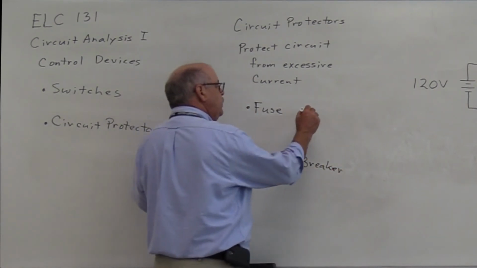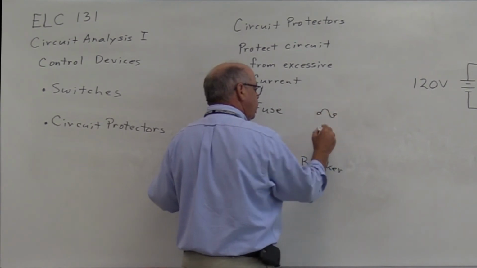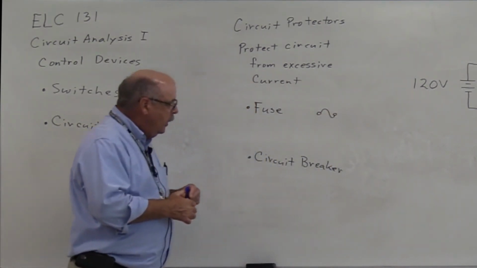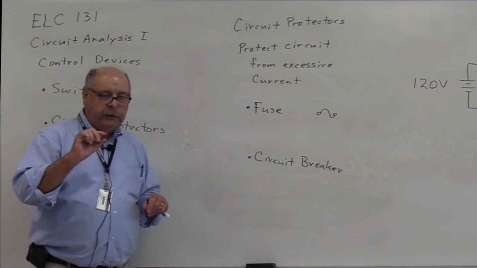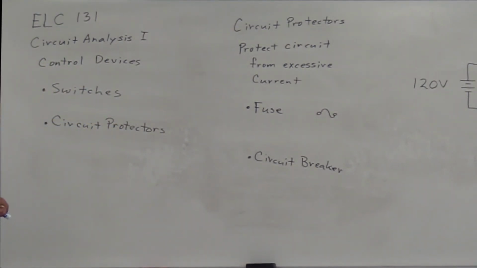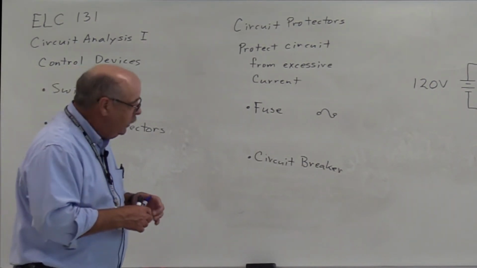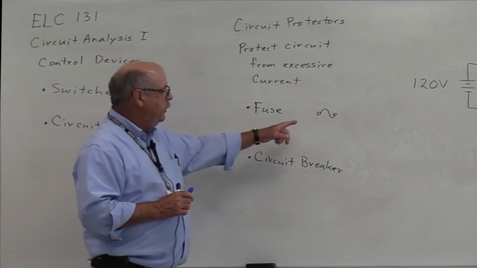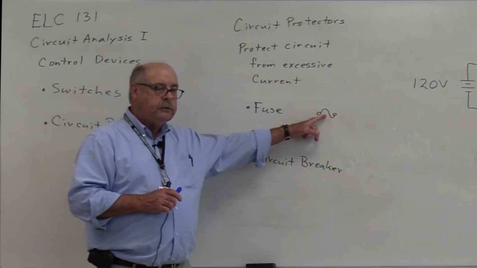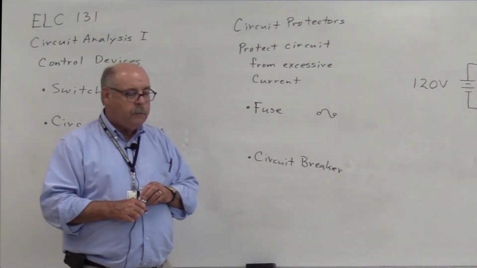The schematic symbol for the fuse is as shown. And a fuse is nothing more than a piece of wire that heats up when current flows through it. And if too much current flows, it heats up to the point where this piece of wire actually melts and interrupts the current flow in the circuit.